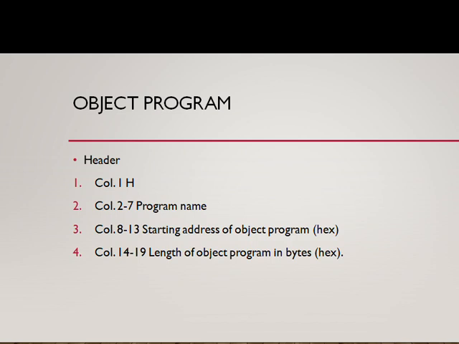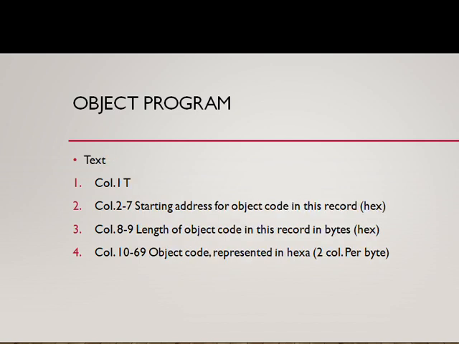Object program consists of head, text and end. For the head, column 1 will be H, columns 2 to 7 will have the program name, columns 8 to 13 have the starting address in hexadecimal, and 14 to 19 will have the length of the object bytes in hexadecimal. Then text is also the same.